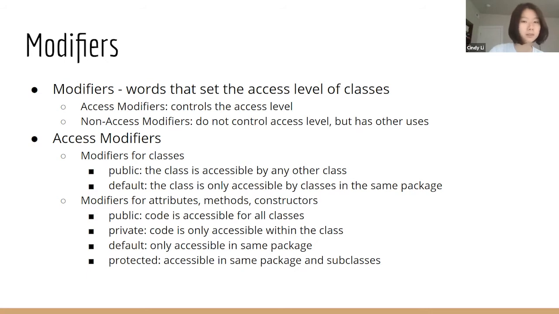Modifiers for attributes, methods, and constructors are very similar: public, private, default, and protected. So public, the code is accessible from all classes. Private, the code is only accessible within the class that it is in right now.